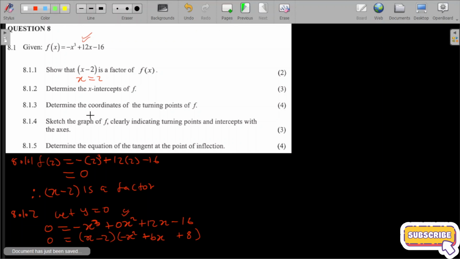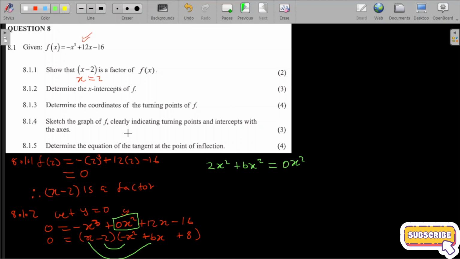How do I find this coefficient of b? I say this times this gives me positive x squared. Now, this and this give me another bx squared, equals, coming here now, 0x squared. If you don't have anything that has a squared, it's still there, it's just 0.